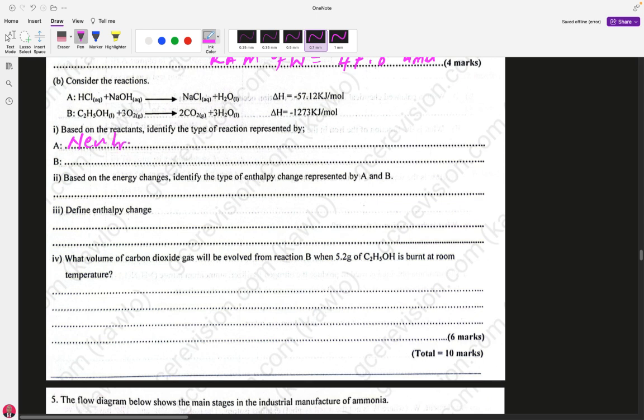A is a neutralization reaction. B is a complete combustion reaction.